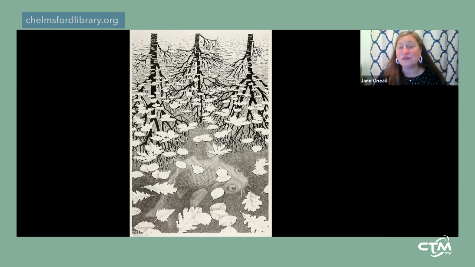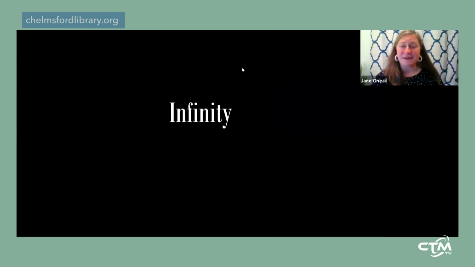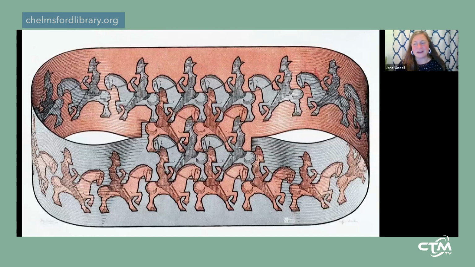Now we are just going to touch upon the idea of the infinite. This becomes sort of a preoccupation, I think, closer towards the end of his life, although these themes are always present. This work here is called The Horseman from 1946. And we can see here sort of a reference back to tessellations too.